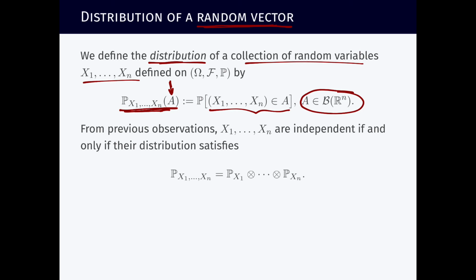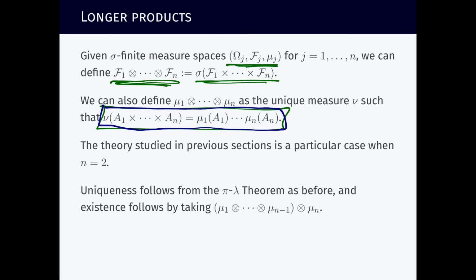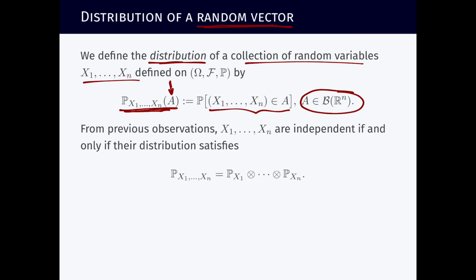And here's the connection with the previous discussion of taking longer products. We have this notion of independence of random variables. And if we combine it with this definition of a longer product, I'm taking a product of n measures, each of them a probability measure on the real line.